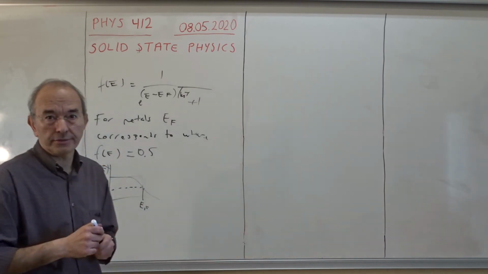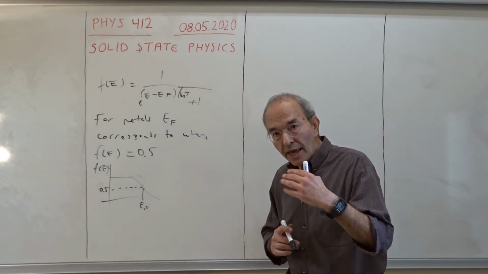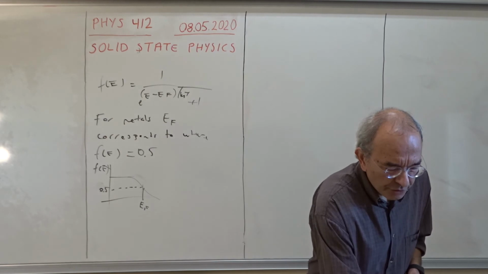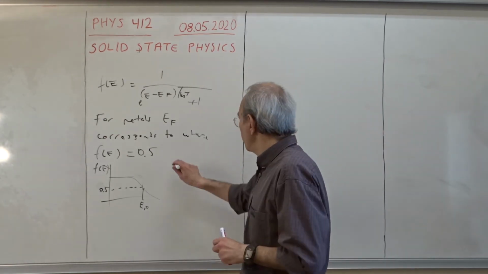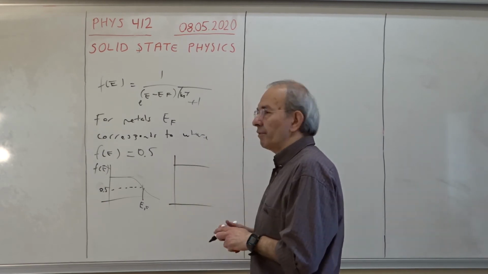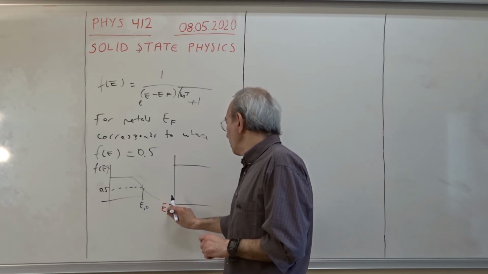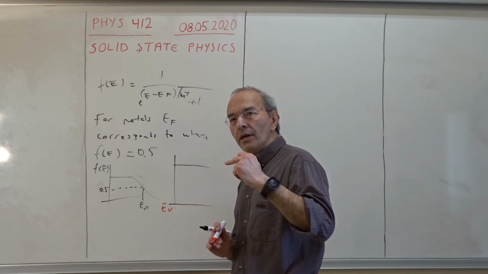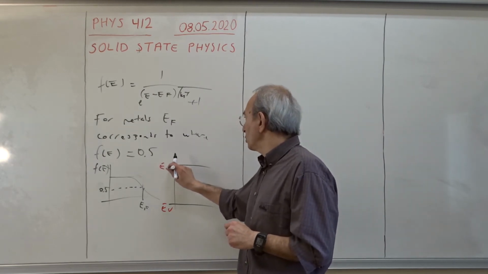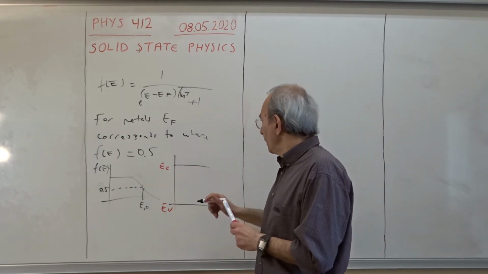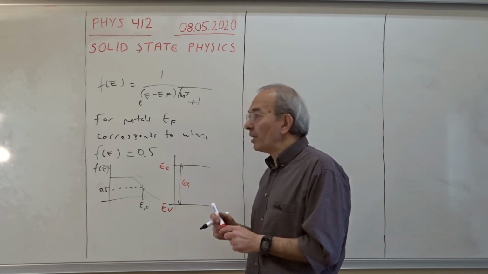The function is the probability. But as we have seen now, there's a gap. Below the gap, all the states are occupied. Above the gap, here, this is the picture, a very simplified version. Remember, this corresponds to the largest energy for the valence band, and this is the smallest energy for the conduction band, and that is the energy gap. But where is EF?